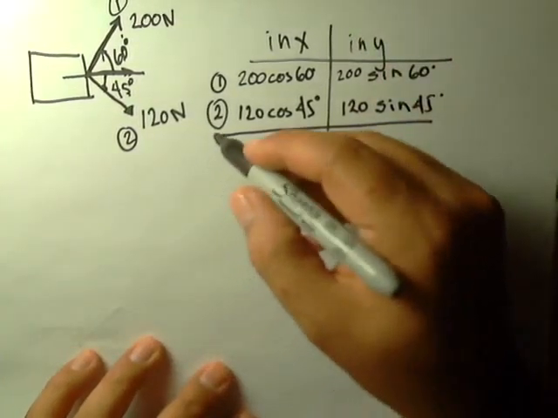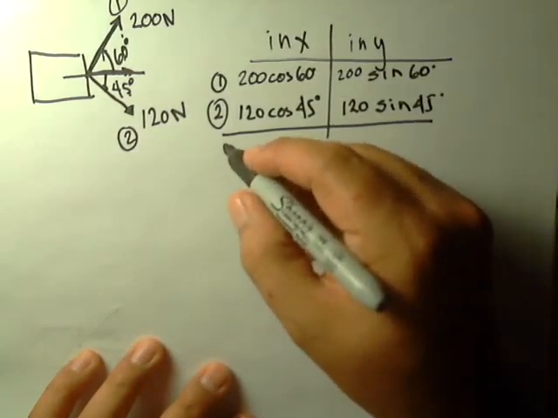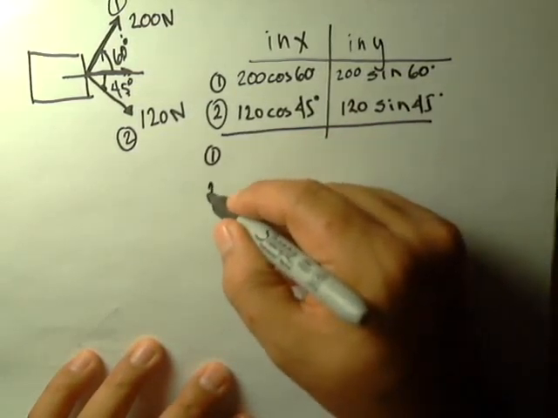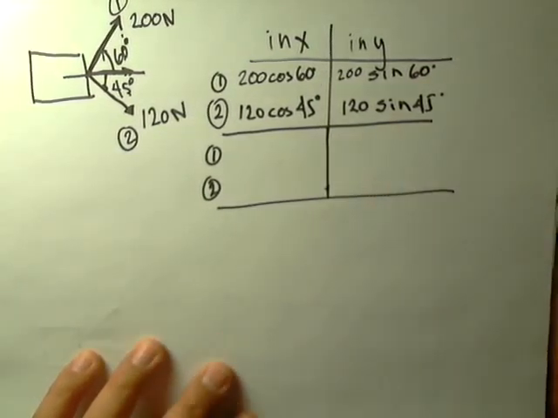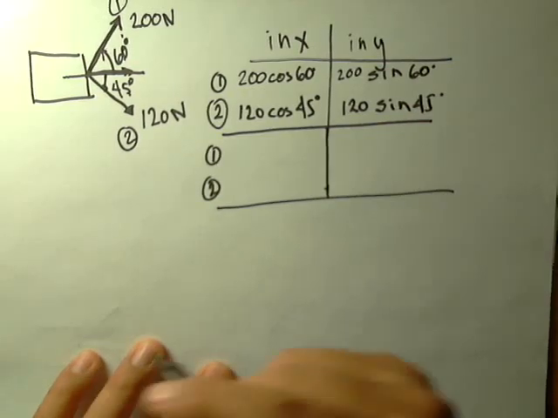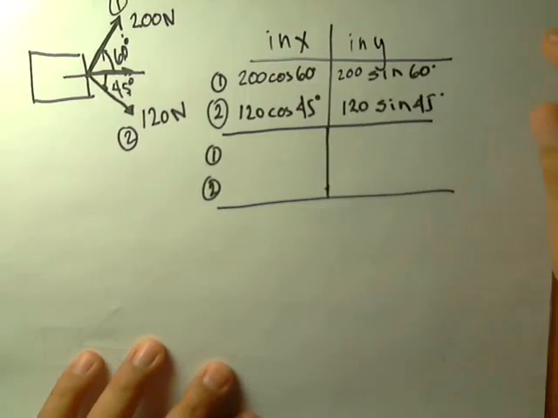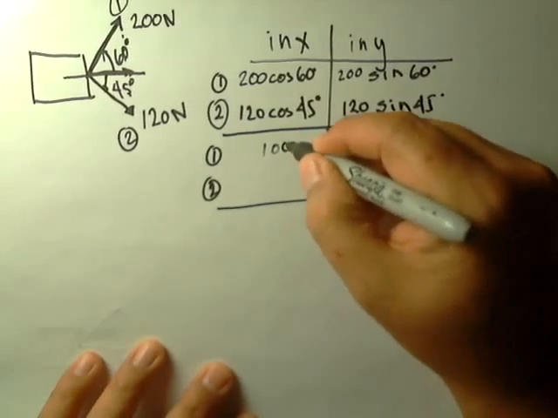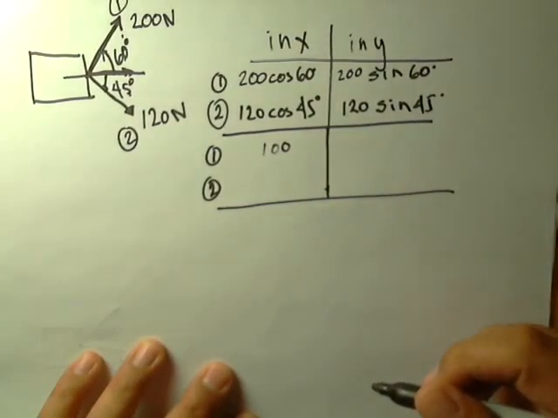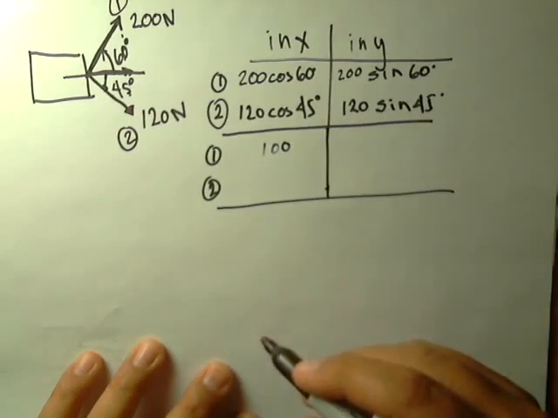Now we need to know, for example, what's the value of this one, and I'm going to write it here. So I'm going to repeat the same 1, 2, but now I'm going to get the results that I got. For the first one, the 200 cosine of 60, I will get 100 here. And for the next one, the second vector is going to be negative 45.